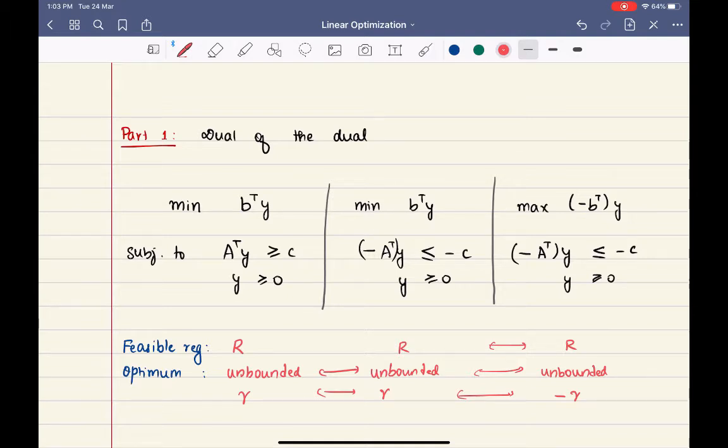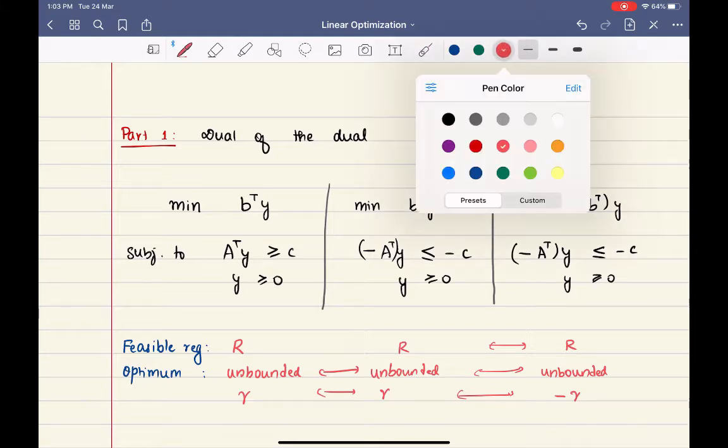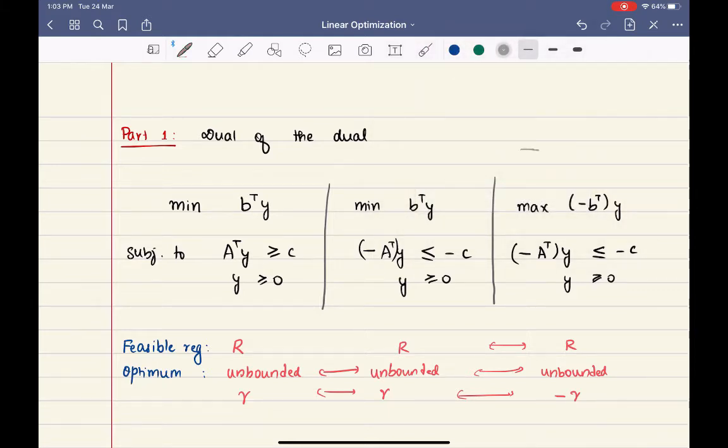So when you reversed the min to max and the B transpose to minus B transpose, essentially what are we doing? The original LP was a minimization problem. So suppose the optimum was gamma like this. Now what did we do? For every Y, where there is B transpose Y, the minus B transpose Y would be here, and then we are maximizing over minus B transpose Y, and the optimum will be minus gamma.